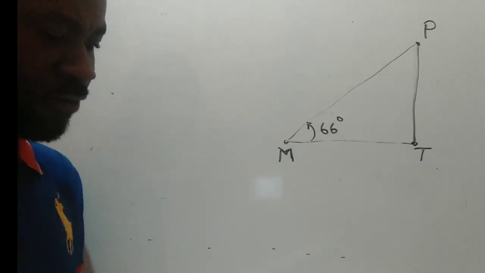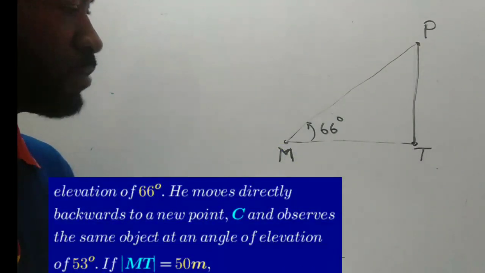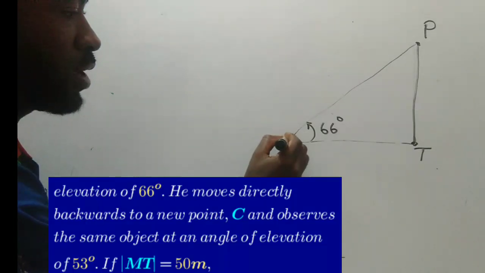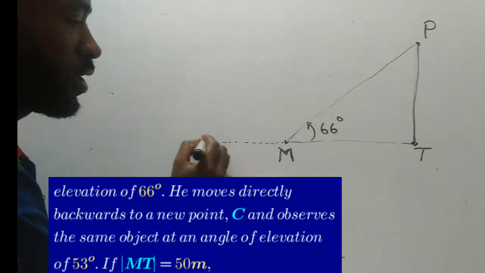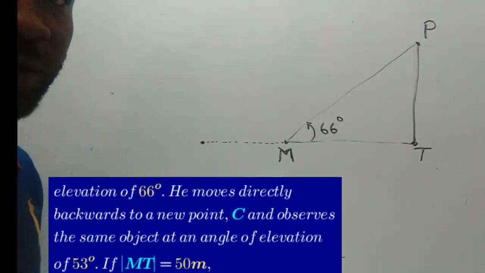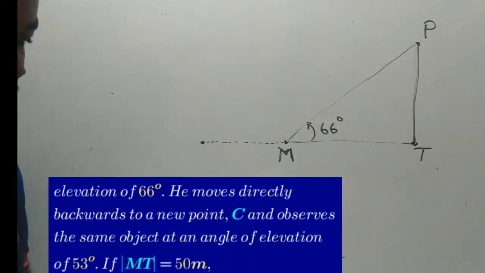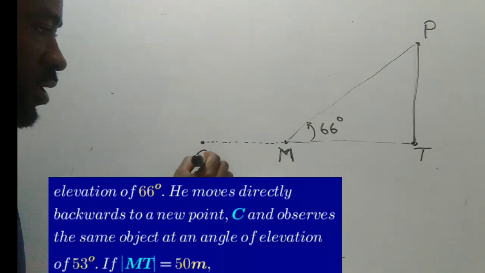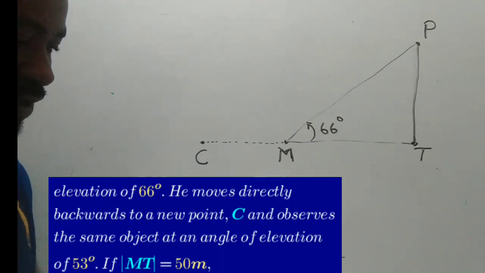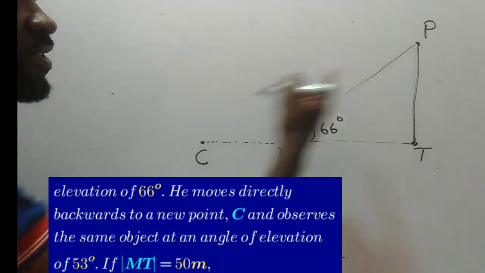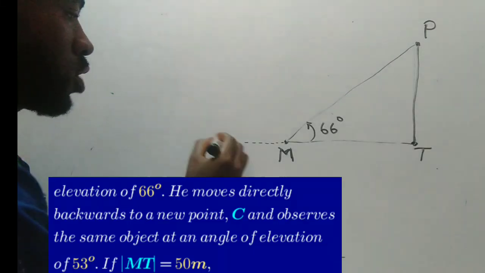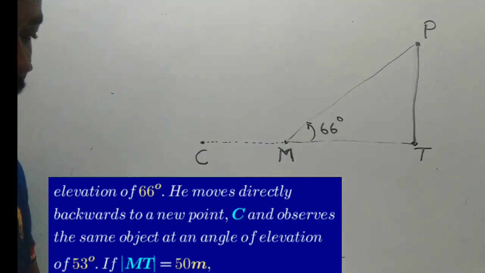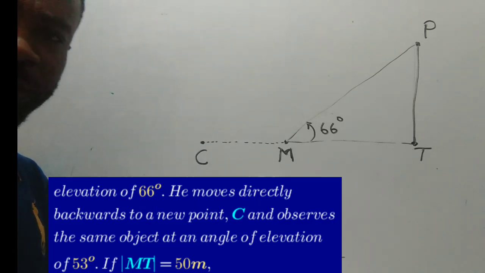Now it says he moves directly backward. So this same boy from this point N moved backwards. So he moved this way again, backwards down to a point C, and observes the same point on top of the building again. So we also have the observation at an angle of elevation of 53 degrees.